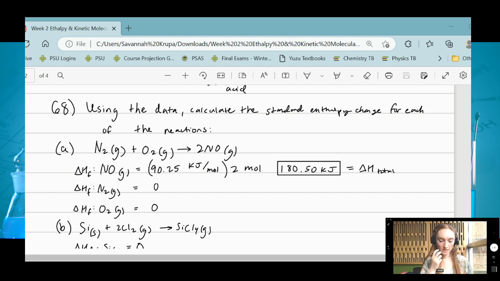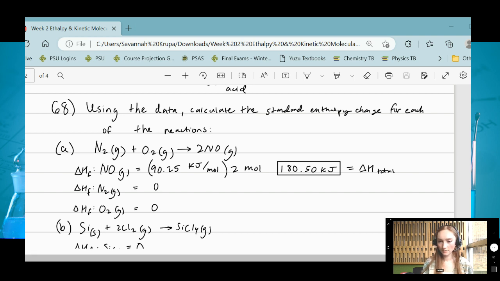Because, like I was saying, the oxygen and the nitrogen gas are in standard state, they have zero amount of energy, because you don't need to put any energy in to change them into anything, so they're going to have a 0 value. And that is all for standard state gases, liquids, solids, whatever. But the NO gas is not.